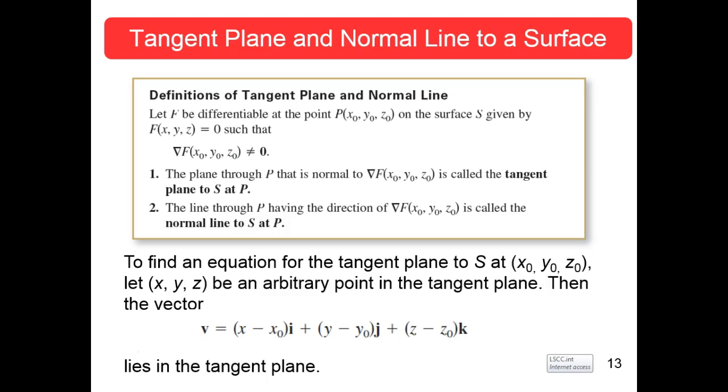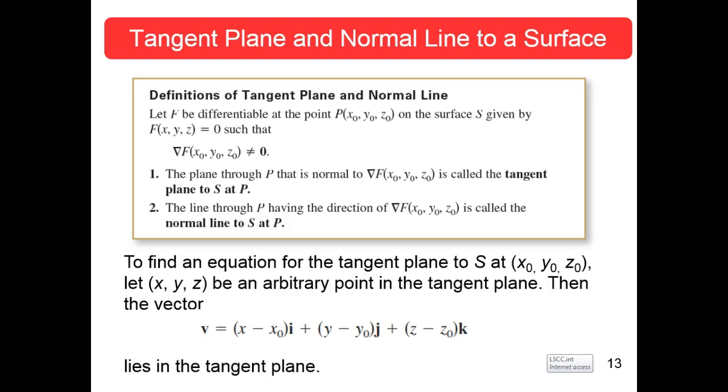Now notice, I think we hit the slide before, but we didn't move on from it. This 0 is a scalar 0 because the function is a scalar function. But when you take the gradient of a scalar function at this point, it can't be the 0 vector. The gradient is a vector, and it can't be the 0 vector.